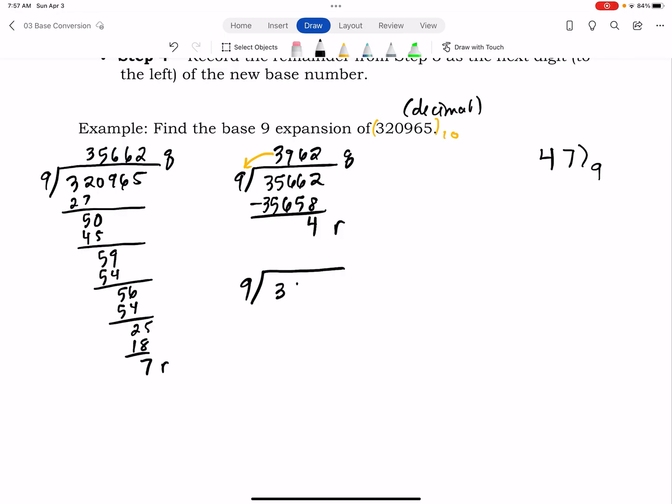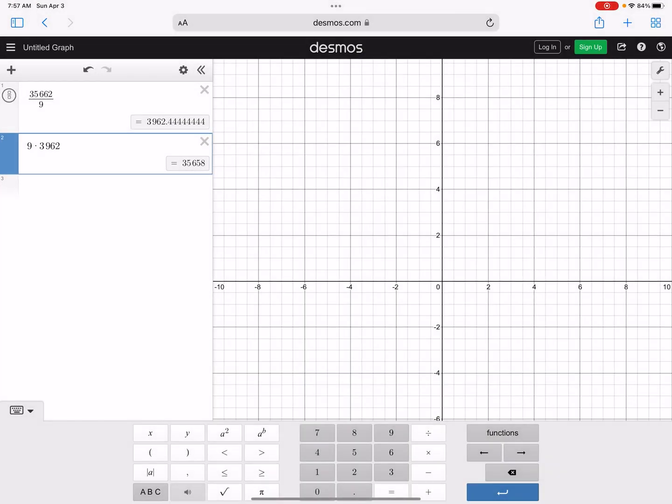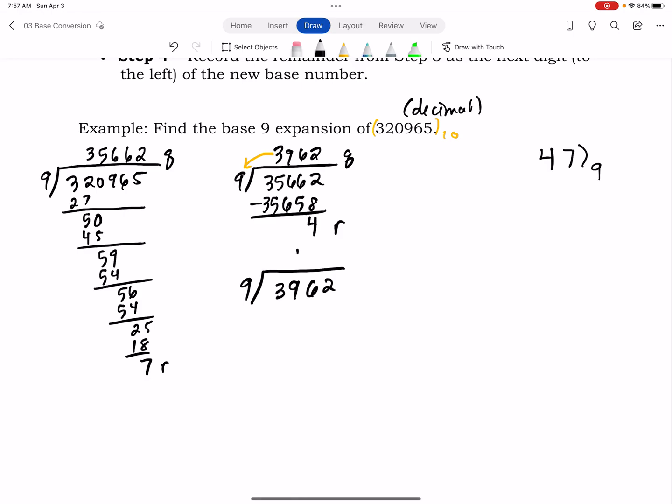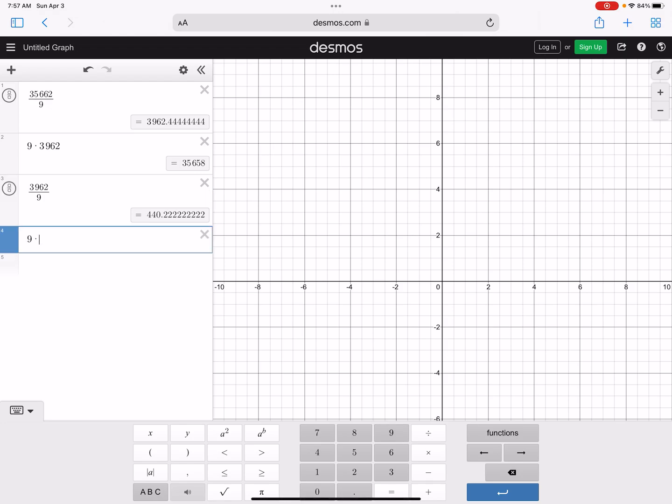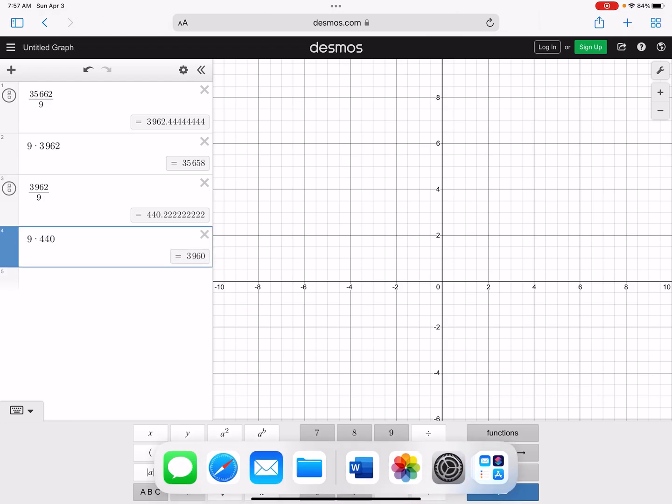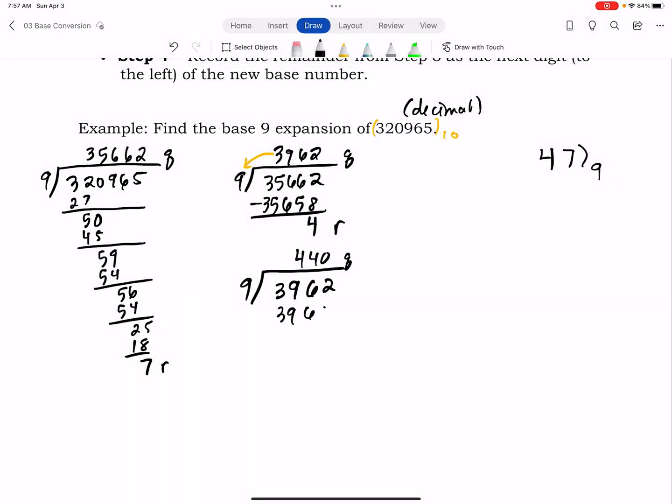9 into that quotient, 3962, gives me 440 as my quotient. 9 times 440, you multiply that and subtract, gives me a remainder of 2, so that's a 2 there.